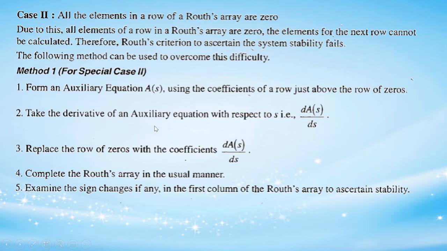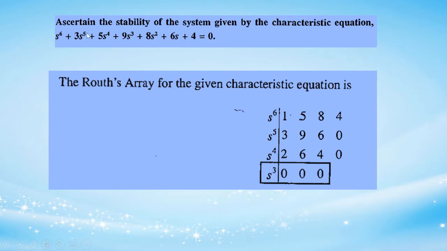Then take the derivative of the auxiliary equation with respect to s and replace the row of zeros with the coefficients of the derivative of the auxiliary equation, and complete the Routh array in the usual manner and ascertain the stability of the system. So let's look into the problem.